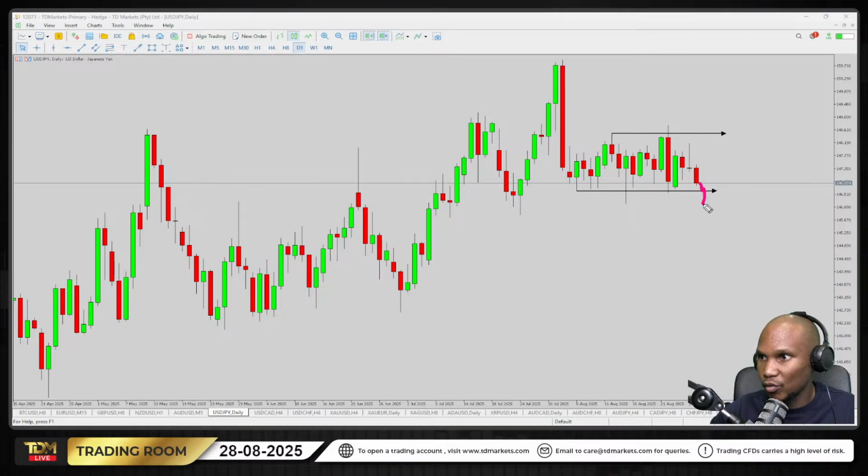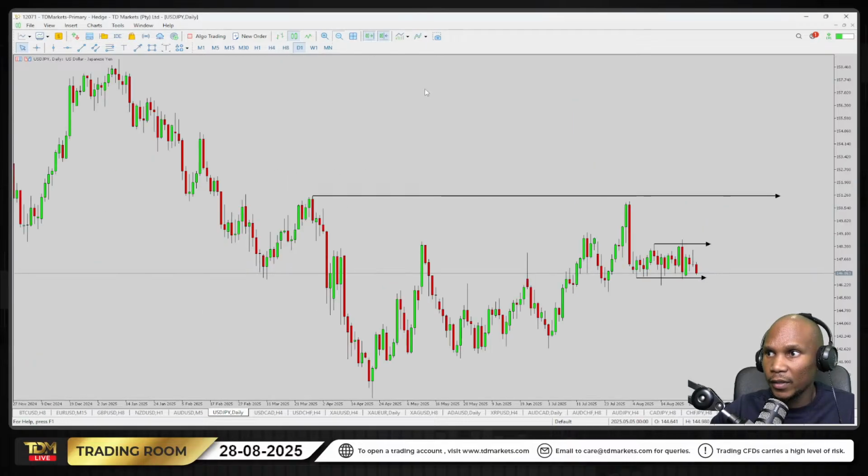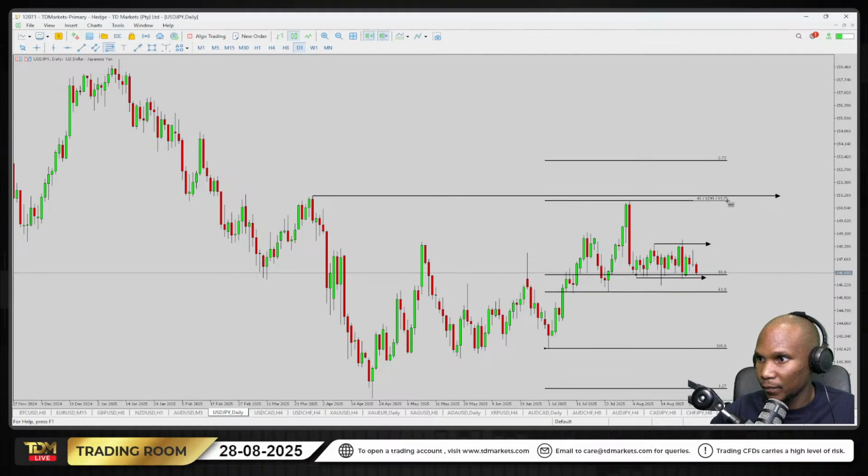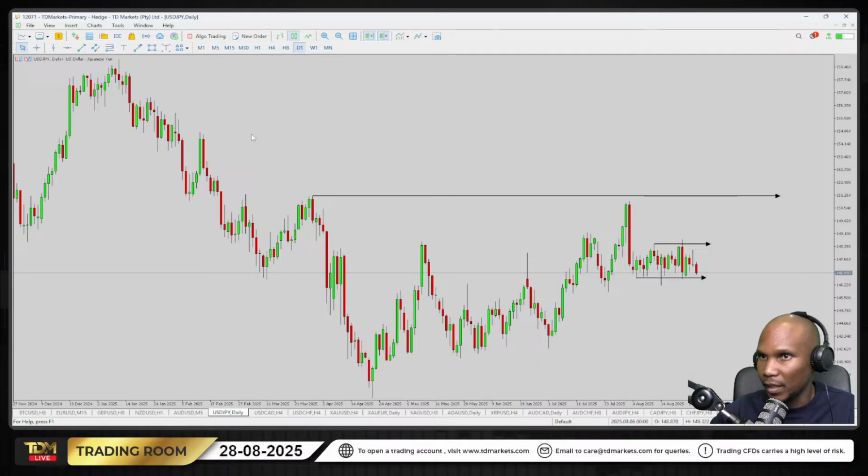I would want price to break out first before looking for any trading opportunities. This is what's going on right now. So a break towards the downside has the potential to become a trade, to give us a trade. Yeah, maybe one more push to the downside.